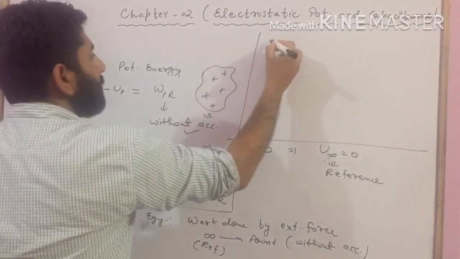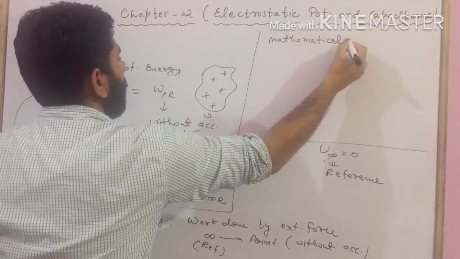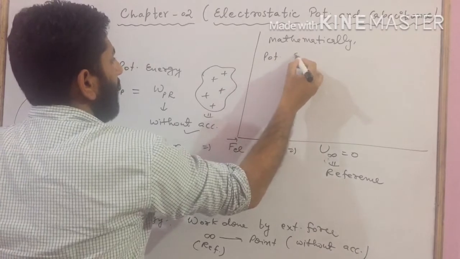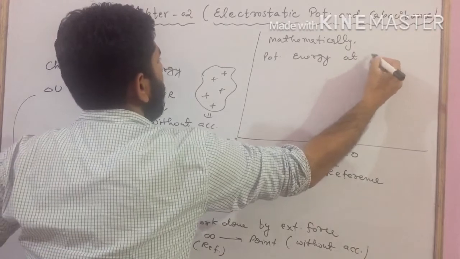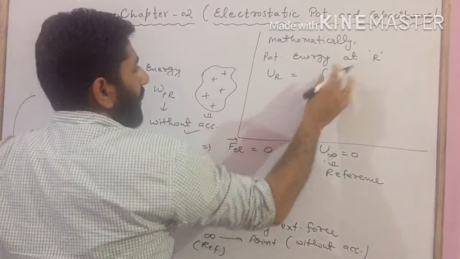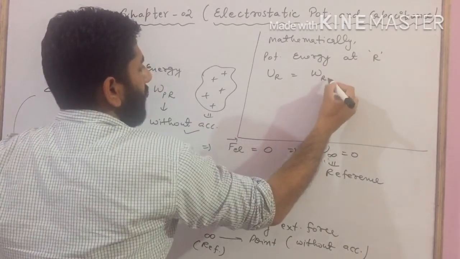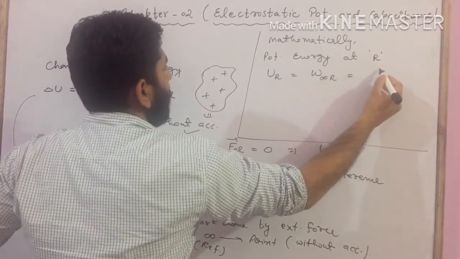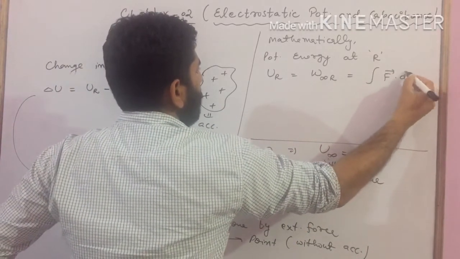Hence, mathematically, we can define the potential energy at a point, suppose R. It can be written as the work done in moving the charge from infinity to that point, and as we know, work done is equal to force into displacement.